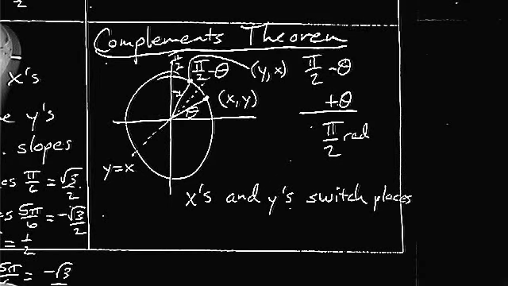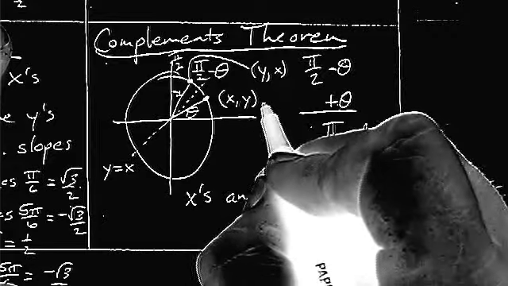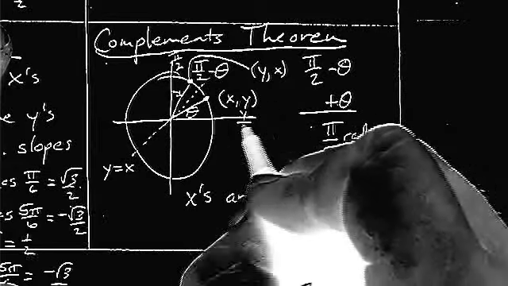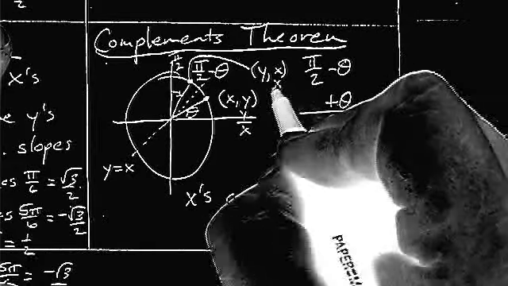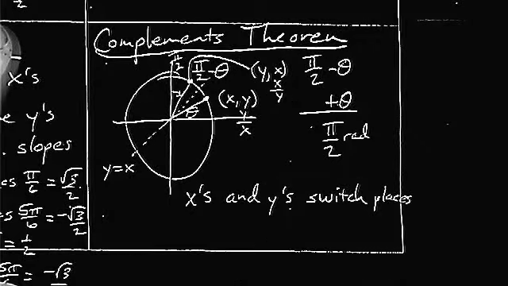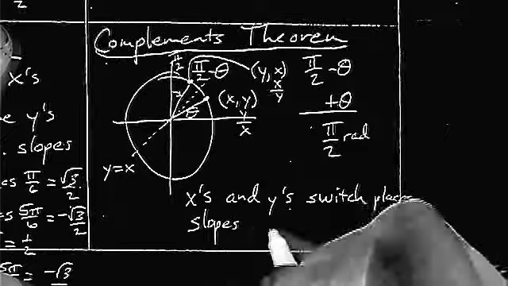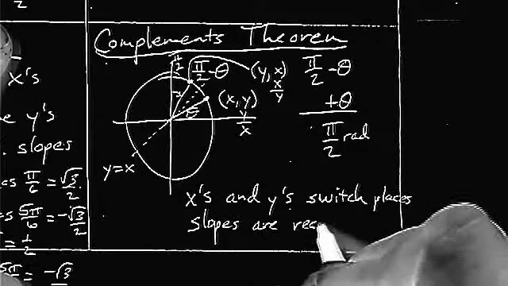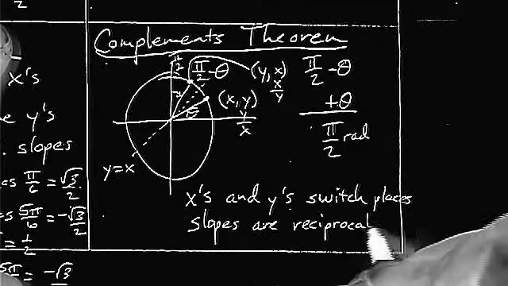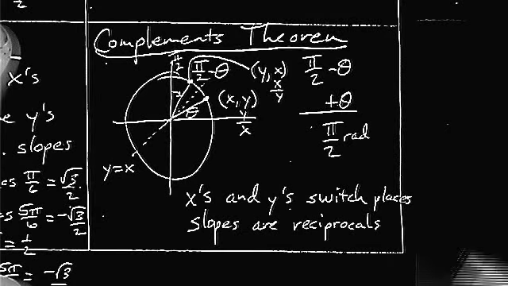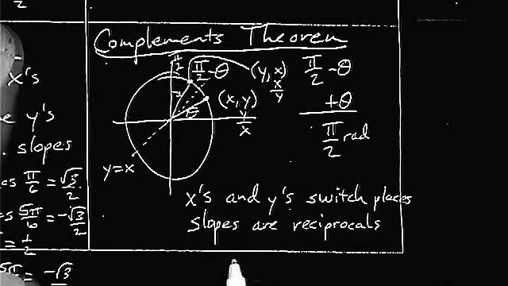If this slope is y over x, it would cause this slope to be x over y. Their relationships are reciprocals. So, x's and y's switch places, slopes are reciprocals.